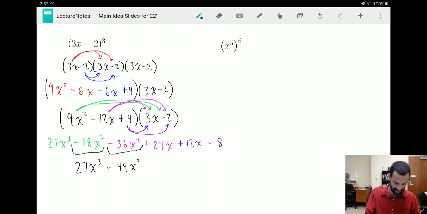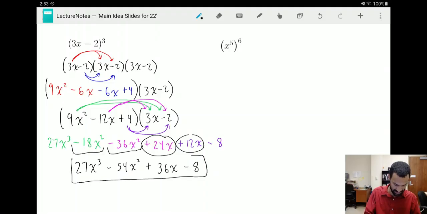Okay, we have 24x plus 12x. That's going to be 36x. And then bring down my constant term, minus 8. So there we go. We have 27x cubed minus 54x squared plus 36x minus 8.